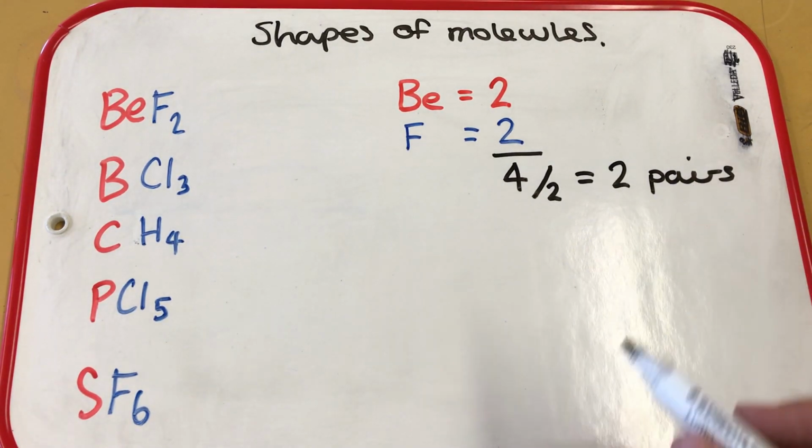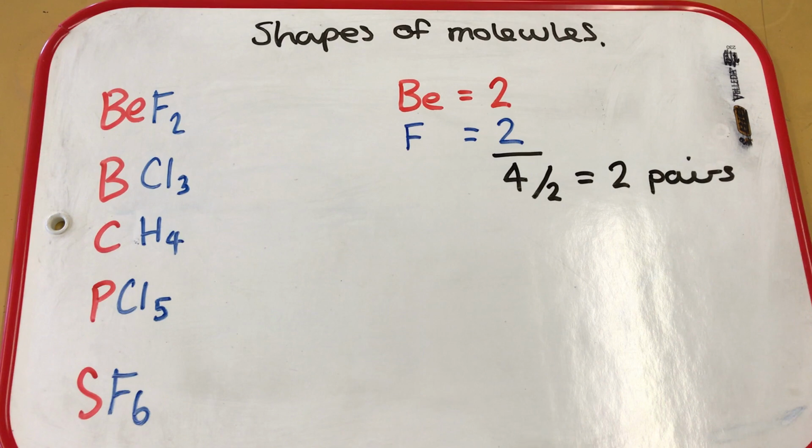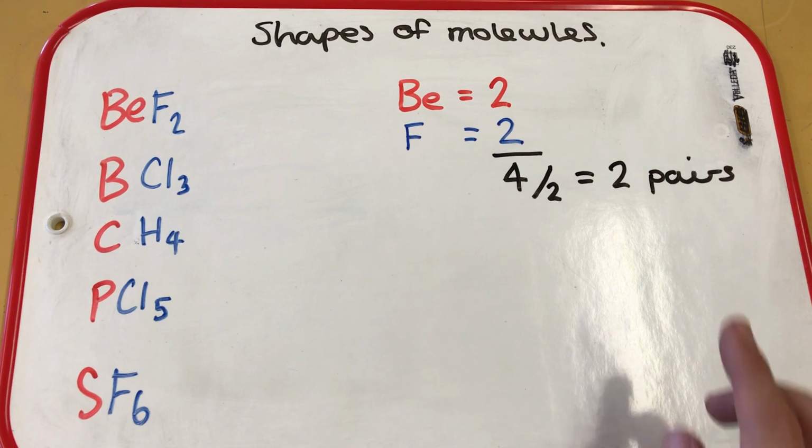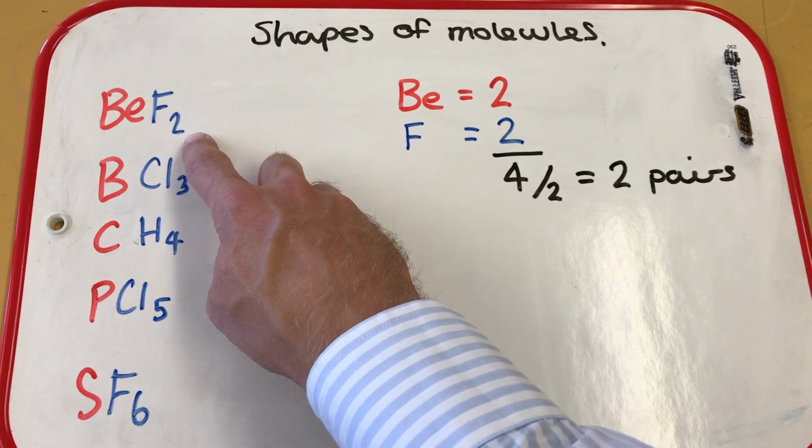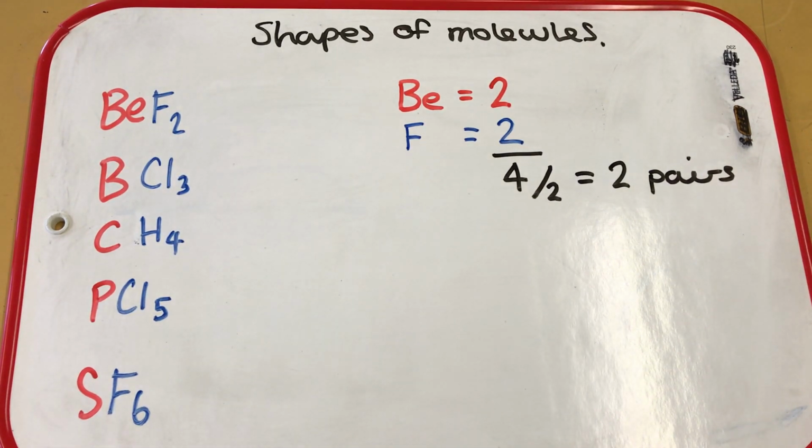So there are 2 bonding pairs of electrons in BeF2. In other words, there are 2 bonds in BeF2 because there are 2 pairs of electrons for the 2 atoms bonded, and there are no lone pairs of electrons left over, which we will focus on in the next video.